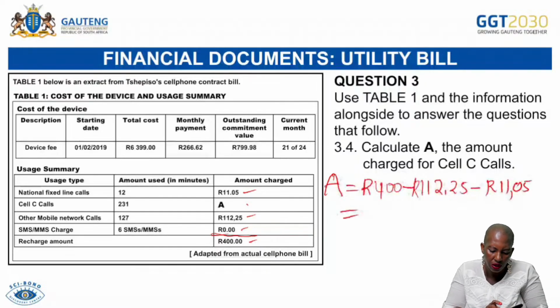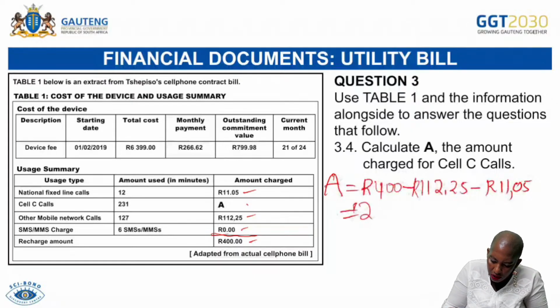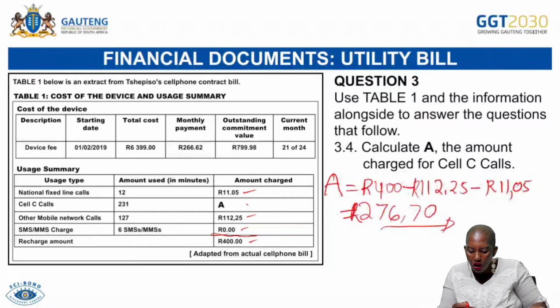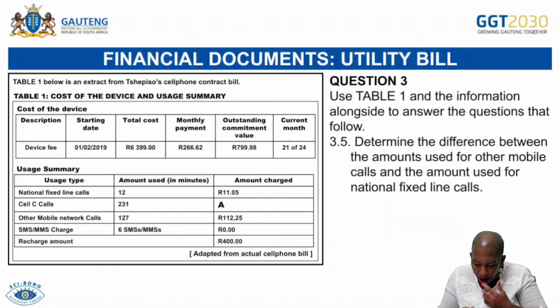So let's quickly use our calculator. 400 rand, oh, not 4,000, 400 rand minus 112 rand 25 minus 11 rand 5 cents. So the answer will be the total cost for the calls in rands. It will be 276 rand 70. Boys and girls, because it's monetary, you don't leave it as comma 7. You have to add the 0 there. We are talking about the money.